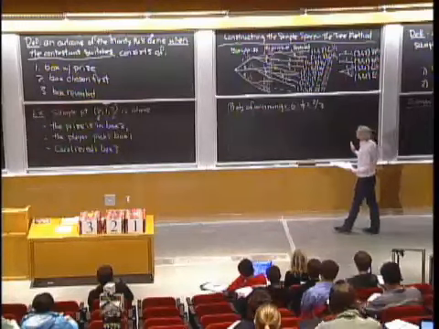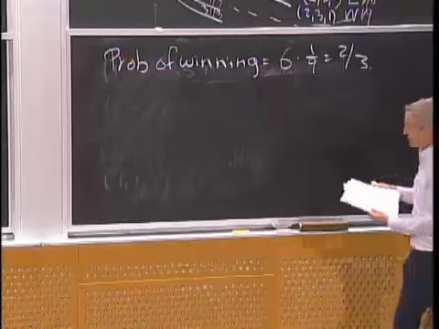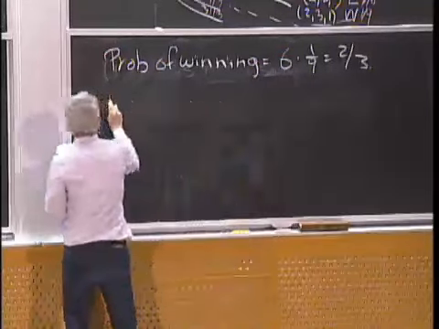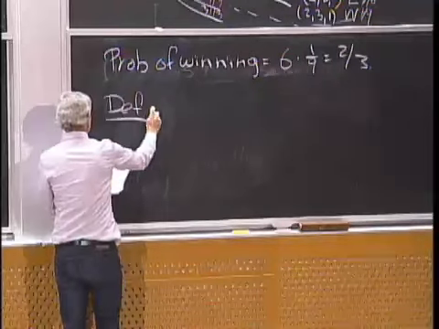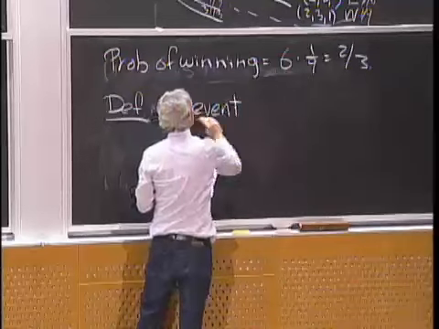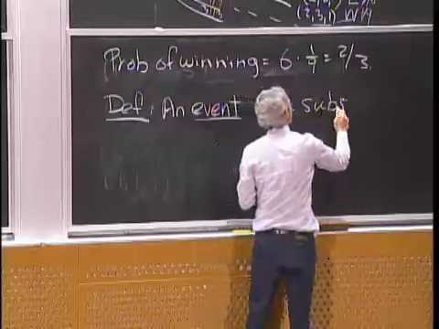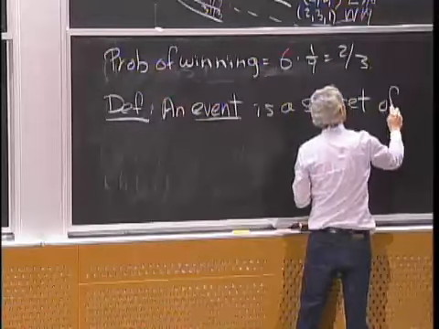Now, in general, if you want to know the probability of any event, you can follow this same method. And let me define what an event is. An event is simply a subset of outcomes, a subset of the sample space.